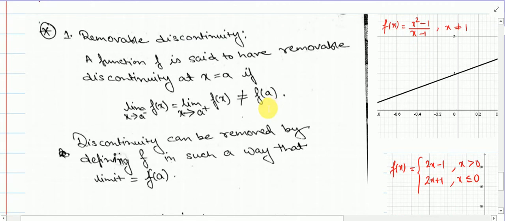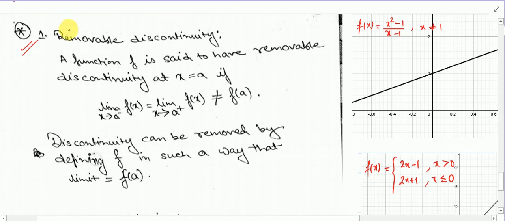Then next is removable discontinuity. Means if there is a discontinuity, we can remove it and then make it continuous. So for a few functions it's possible. So let us see when we say that removable discontinuity is there.